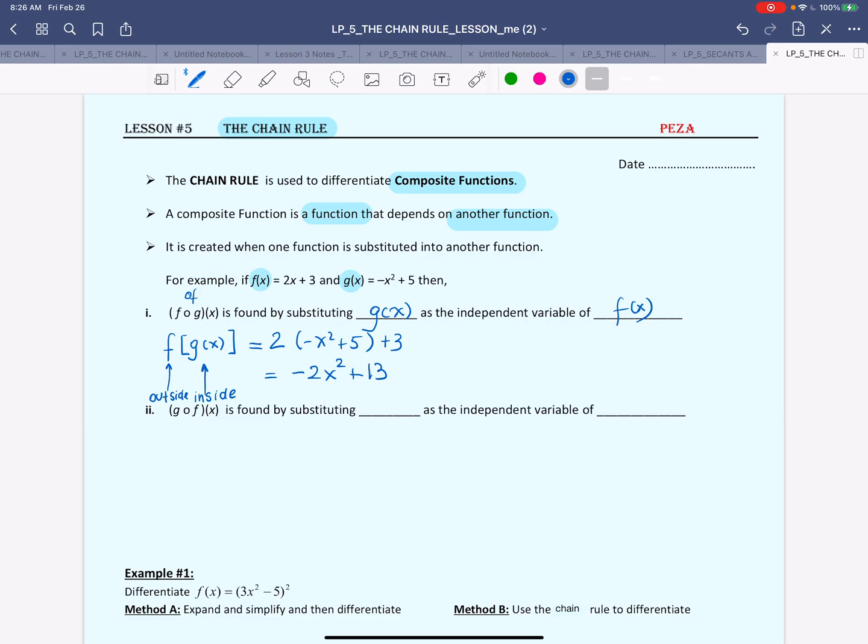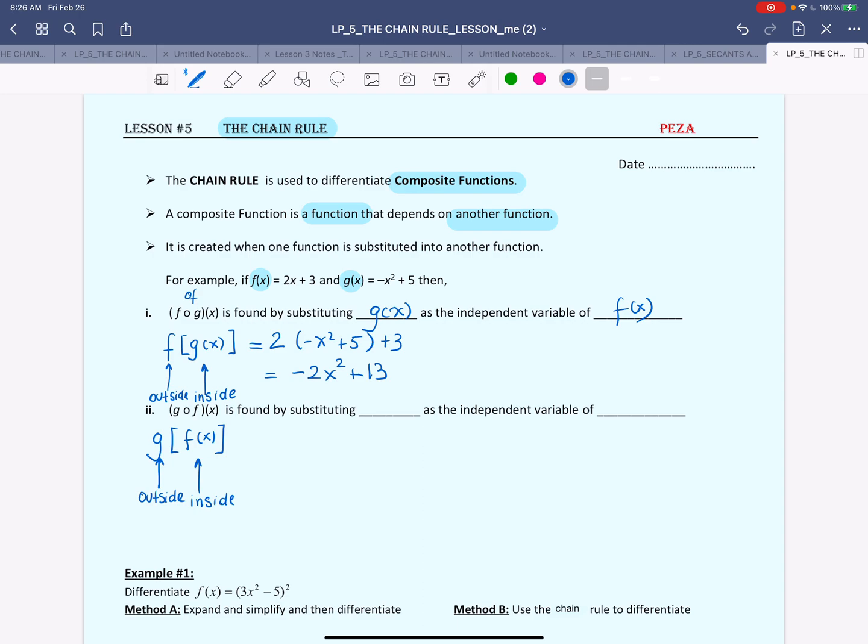To create g of f of x means that we are creating the function g fx. This time f of x is the inside function and g of x is the outside function.